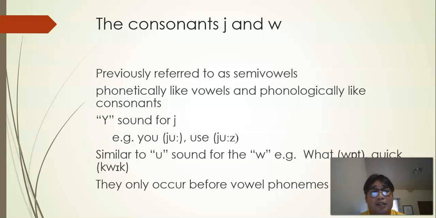Phonologically, they're like consonants. The J is the Y sound, like in you, use. And the sound for the W, for example, what, quick. They only occur before vowel phonemes.